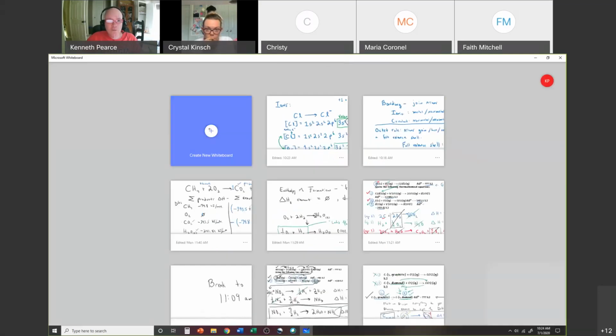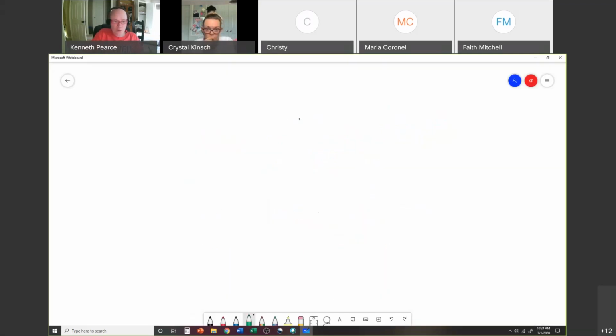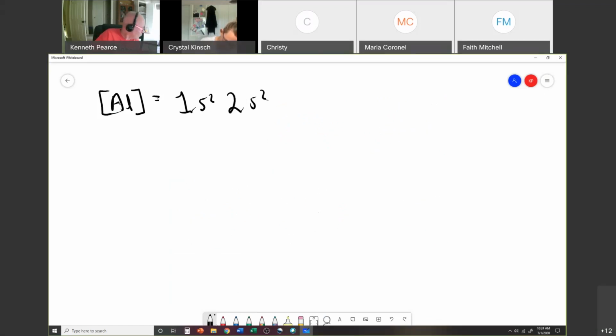Now, let's say we have aluminum. Let me switch colors here. And aluminum is what? It's 1s2, 2s2. Aluminum is a third row element, so that's 2p6, 3s2, and 3p1.